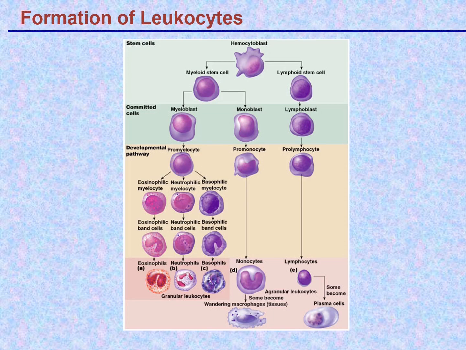So you see that word committed. It's committed when it gets certain signals and it differentiates there. It's committed to develop into these kinds of cells. Once it goes in this direction, both myeloid, but with different signals, then it's committed towards production of monocytes or macrophages.